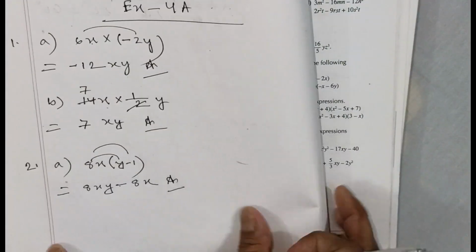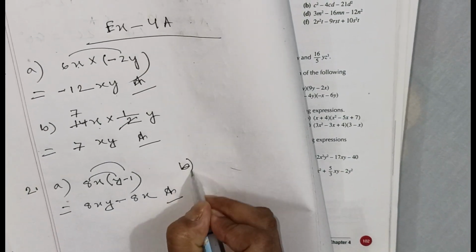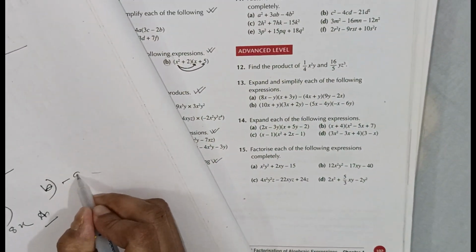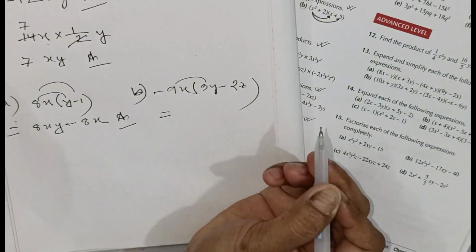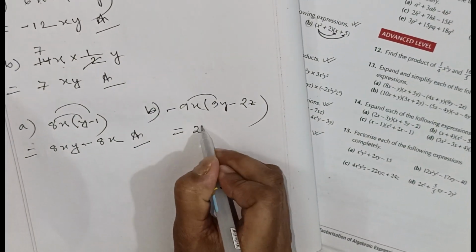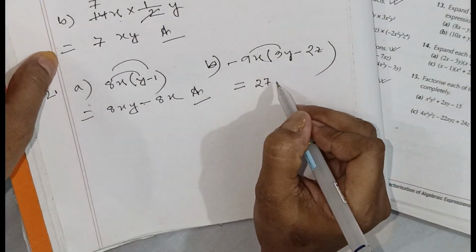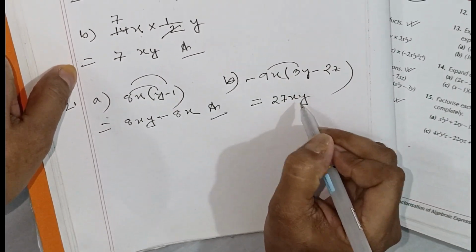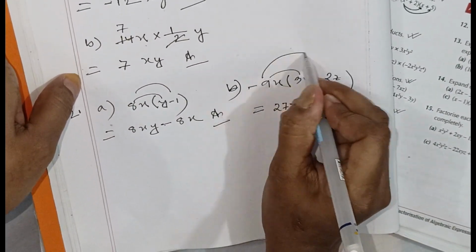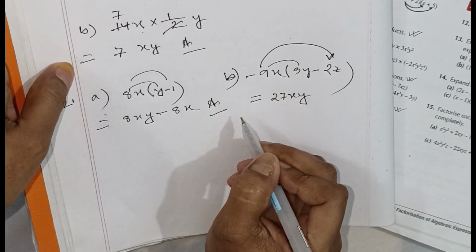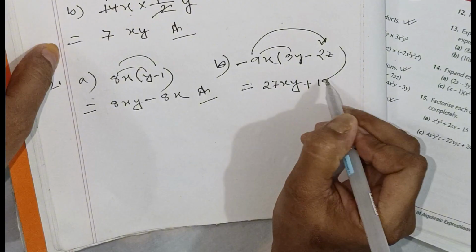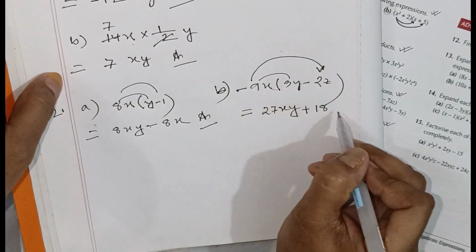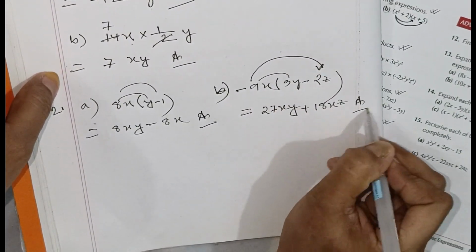Next, minus 9x into 3y minus 2z. Same, 9x into 3y, 9 threes are 27 and x and y coefficient multiply, that means xy. And next 9x into 2z, minus times minus is plus, and 9 twos are 18 and x and z multiply, that means xz. That's it.